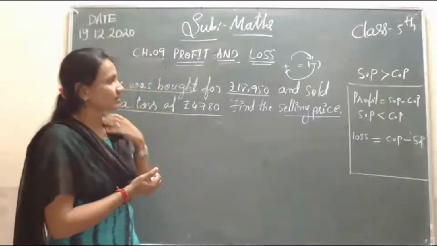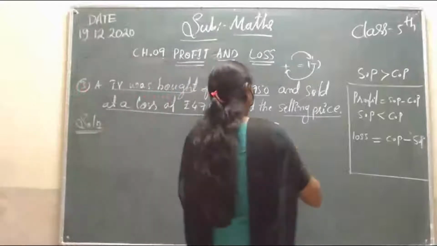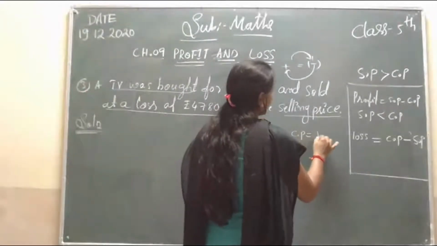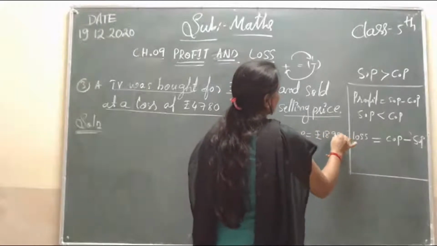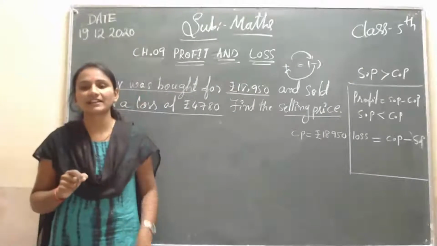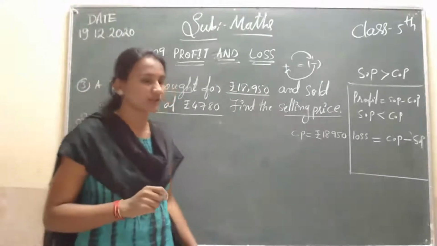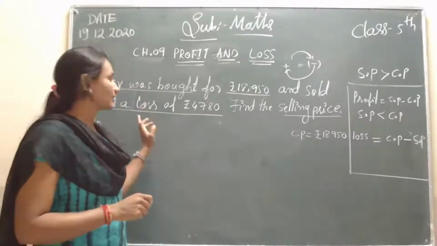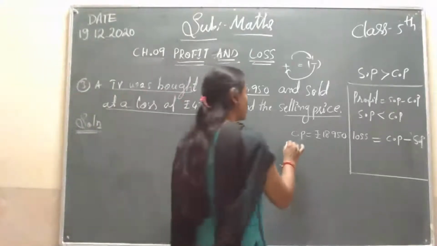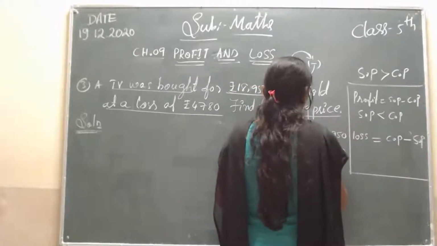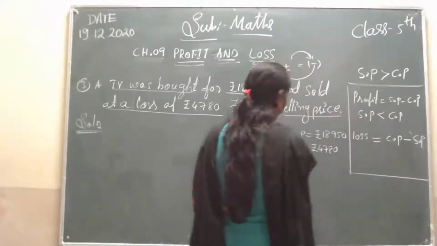So CP is equal to 18,950 rupees. Afterwards, the loss is already given. So loss is equal to 4,780 rupees.